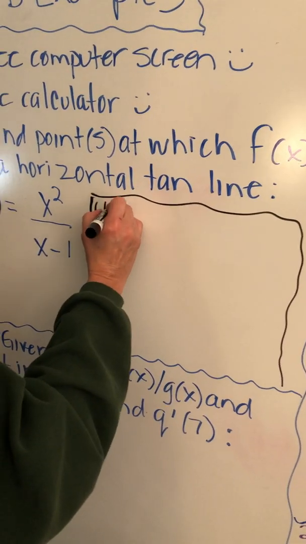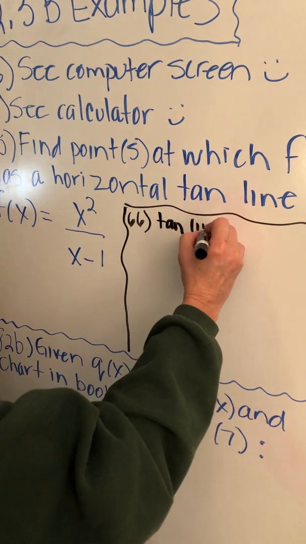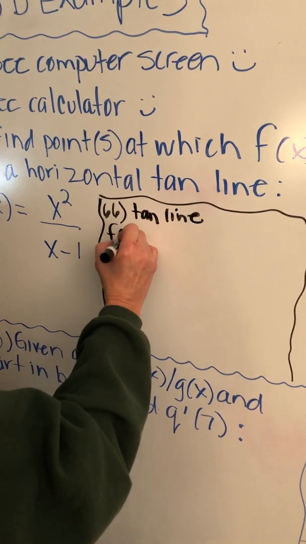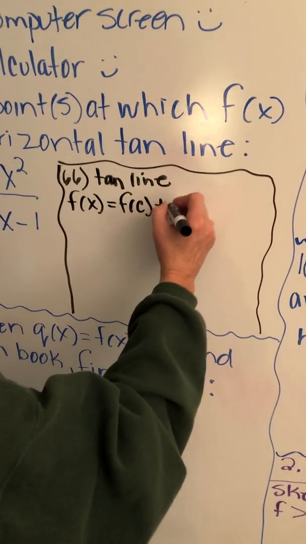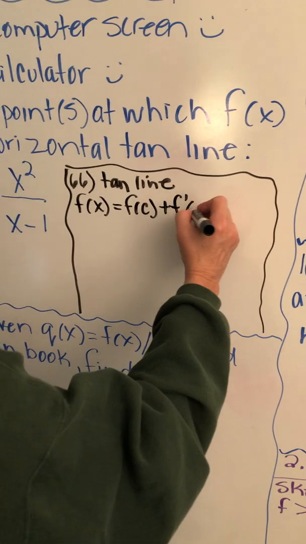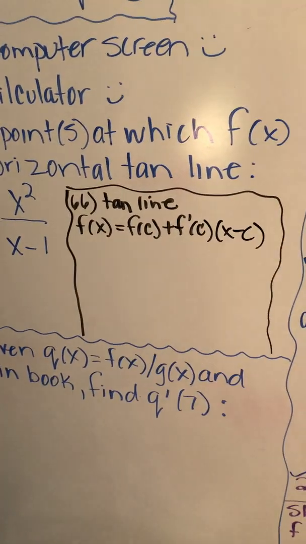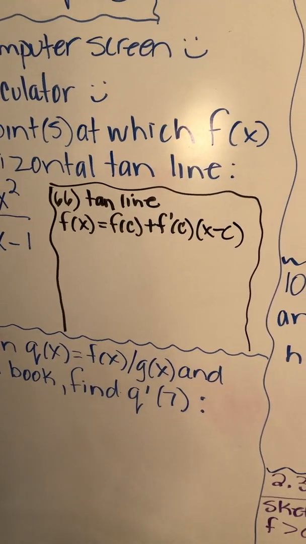I'm going to write number 66, and they want the equation of the tangent line. You know automatically to write the equation of the tangent line: f of c plus the derivative of f at c times x minus c. What's given to you here is the point (2, 1/3).